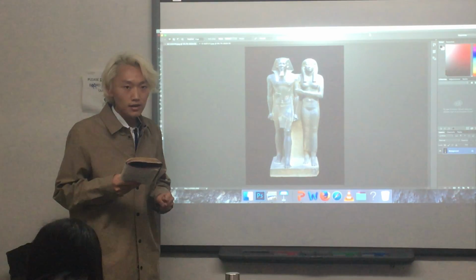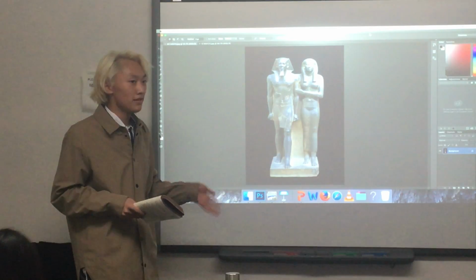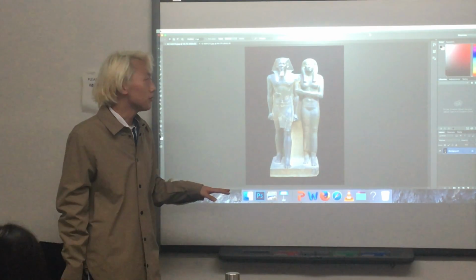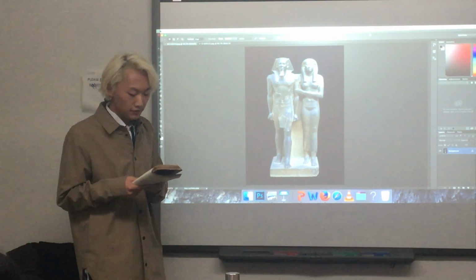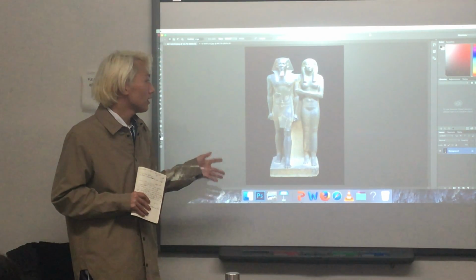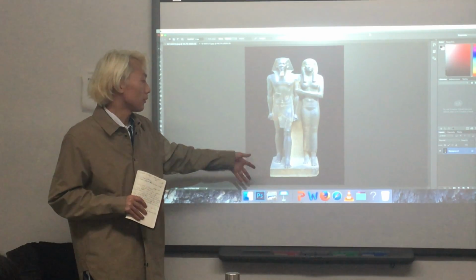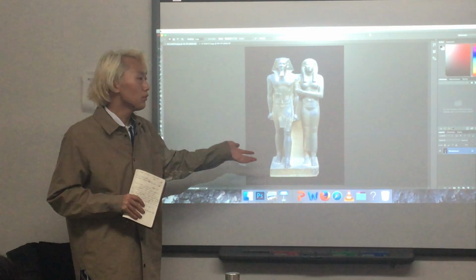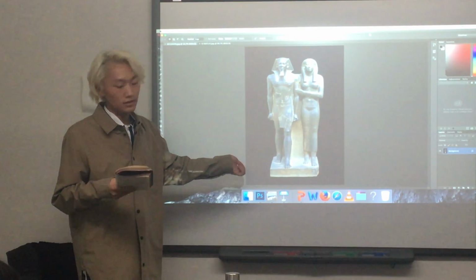As you can see, it's in a really basic formulaic Egyptian pose. It's rigid and frontal. But what's special about this piece is that although Menkaure is in a formulaic pose, there are two figures in the same sculpture.